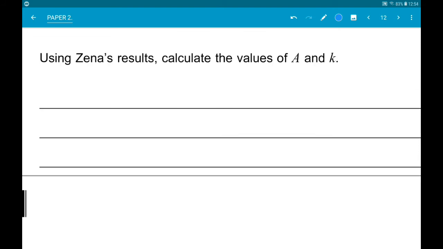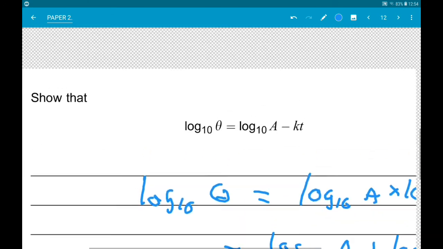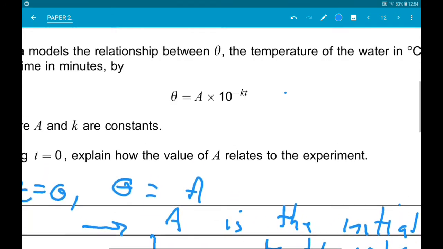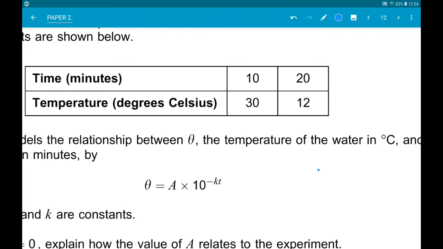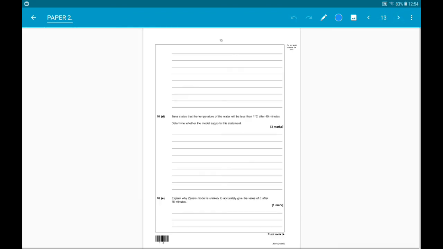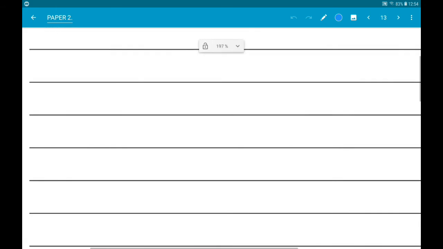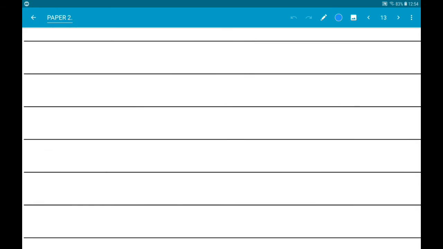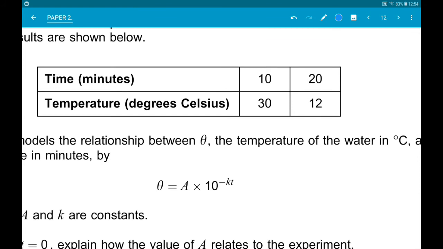Using these results, calculate the values of A and K. Okay, so in the table we have two sets of results. So we know that when t is 10, theta is 30.